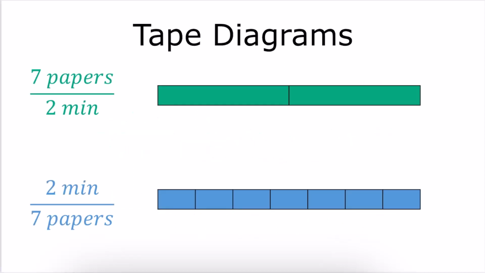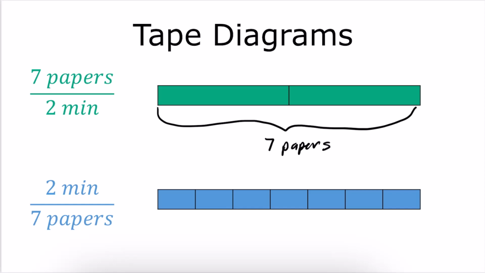And one way that you can help your students visualize the process of finding unit rates is with tape diagrams. So, the idea of a tape diagram is you use a strip of paper or whatever you want to represent the ratio that you're describing. So, if I can grade 7 papers in 2 minutes, I'm going to have this whole strip of paper correspond to the fact that I can grade 7 papers, and the amount of time that it takes is 2 minutes.